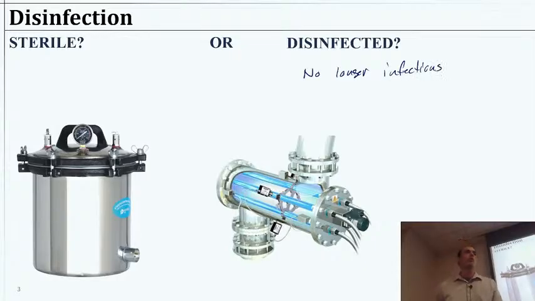Whereas sterile would refer to a scenario where anything that is in it is no longer able to replicate. So you might actually have living bacteria there. You could even have pathogens in there. As long as they're not able to replicate, it's technically sterile under one definition of that term.